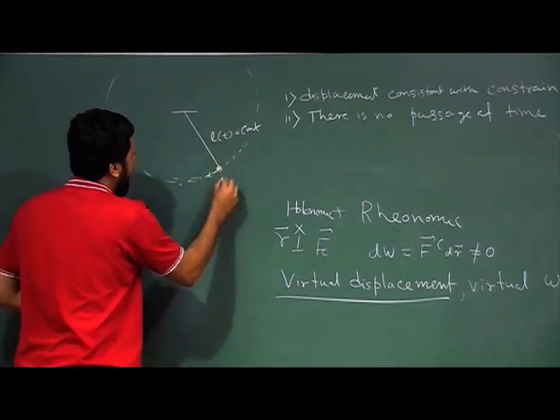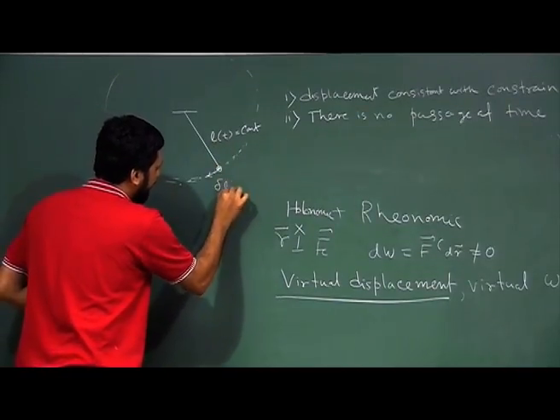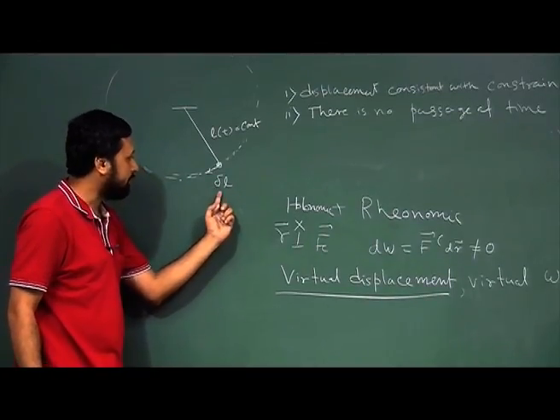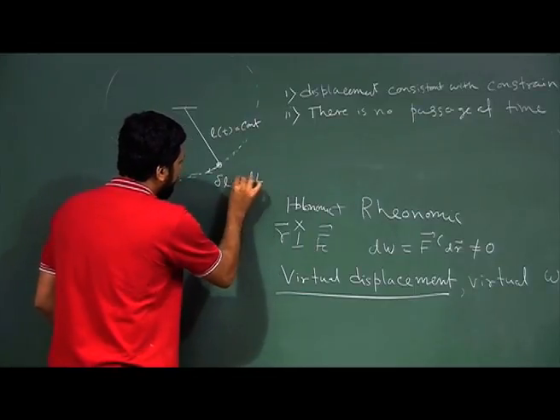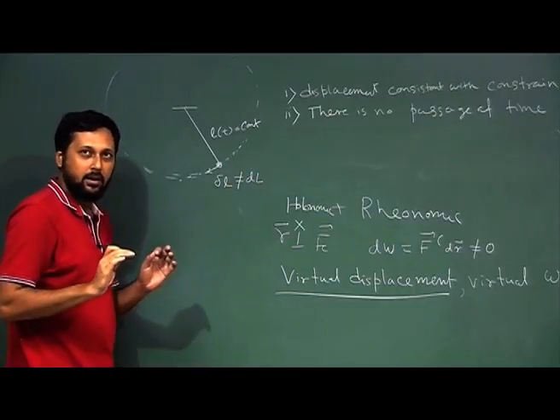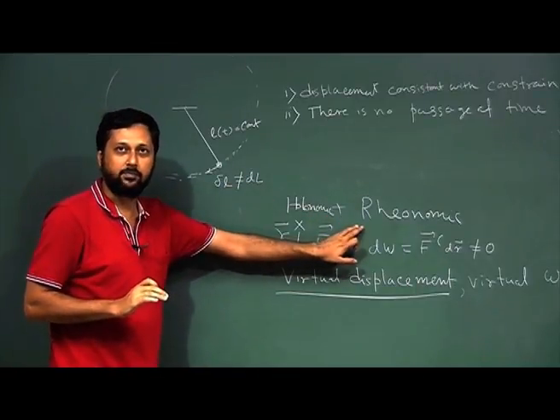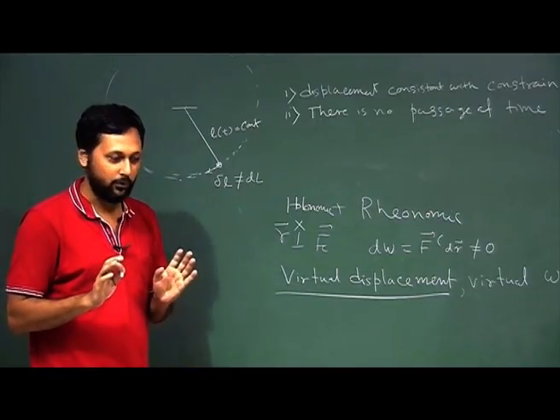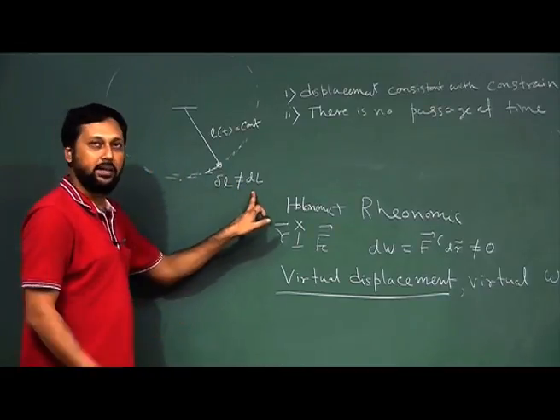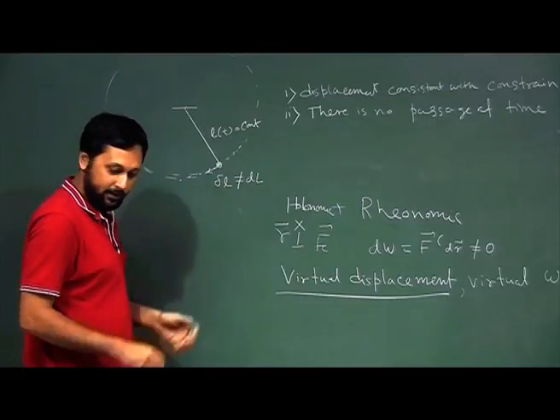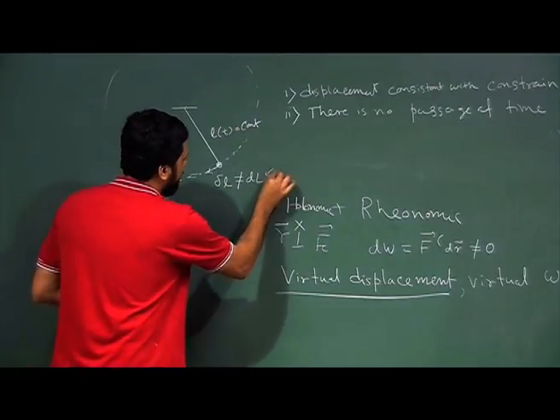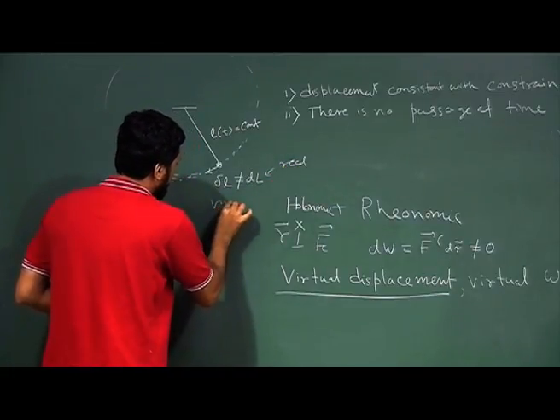If I have a displacement δL, please remember that we use this curly symbol to separate it from the real displacement dl. So dl and δL are not the same for a rheonomic system. For systems where the force of constraint is not dependent on time, δL is equal to dl. But in this case δL is not equal to dl; δL is virtual, whereas dl is real.